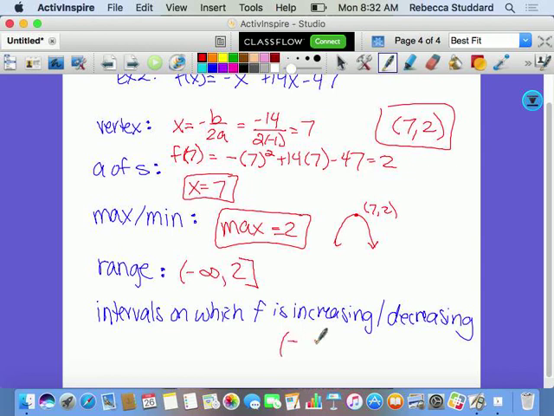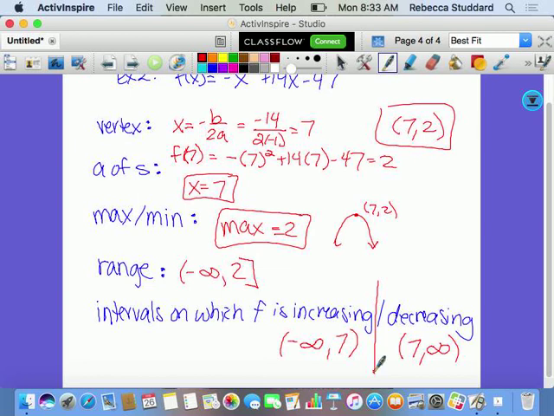And remember, with our intervals of increasing, decreasing, we use parentheses. And then decreasing will be 7 to infinity. Don't put a comma there because that would mean they go for the same thing. So this one's increasing, this one's decreasing. On a parabola, you're only going to have one interval of increasing and one interval of decreasing. And where's that turning point going to be? The x-coordinate of your vertex.